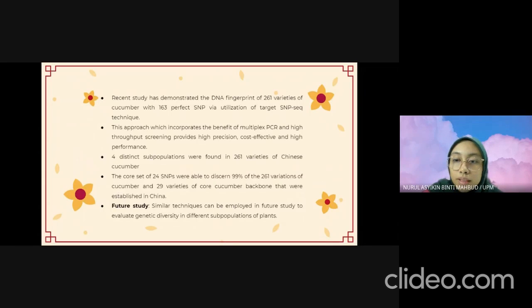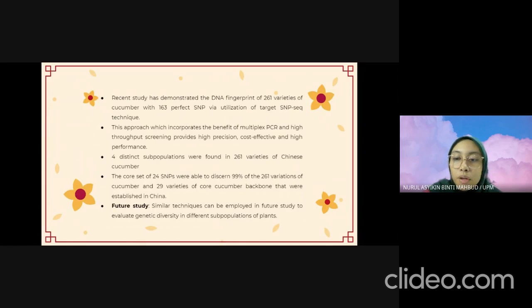So relative to conventional genotyping methods, this approach that incorporates the benefits of multiplex PCR and high throughput screening provides high precision, cost-effectiveness, and high performance. So 4 distinct subpopulations were found in 261 varieties of Chinese cucumber, which are the northern type of China, the southern type, the European type, and the Zhejiang type.